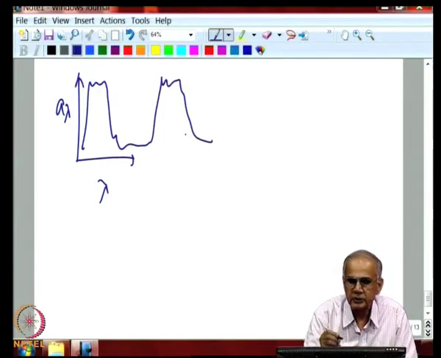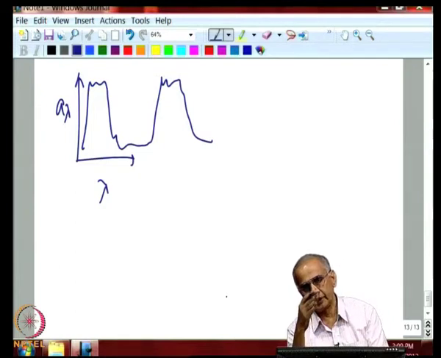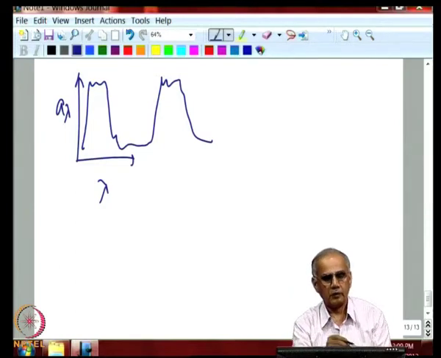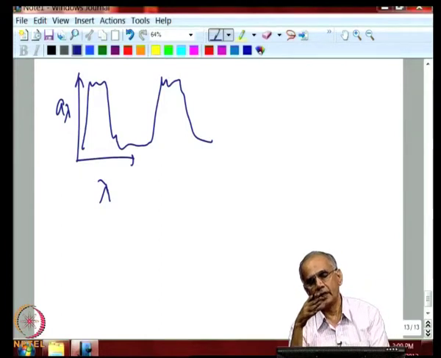So, due to this character of the absorption coefficient, very strong variation, that is, in certain wavelengths the gas can completely be non absorbing, and in certain other wavelengths the gas is strongly absorbing.